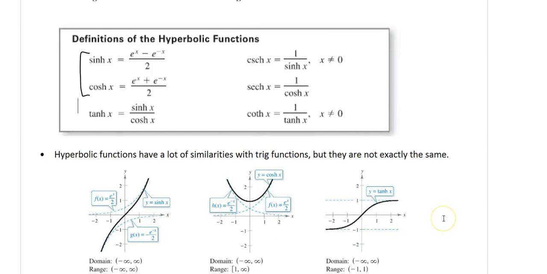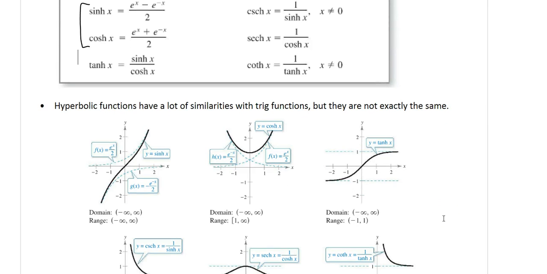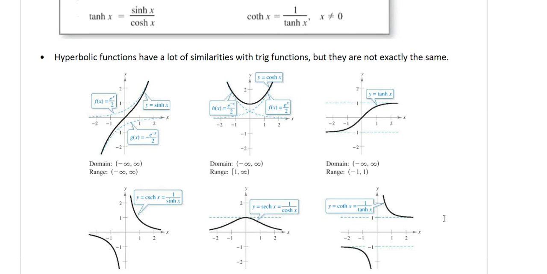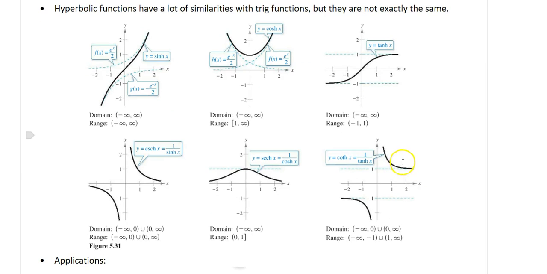They have a lot of similarities with trig functions, but they're not exactly the same. If you look at the graphs, you can see that there are some similarities, but it's not exactly the graph of sine of x. And in some ways, they even look almost like inverses, but they're not quite exactly. You don't want to read too much into that.